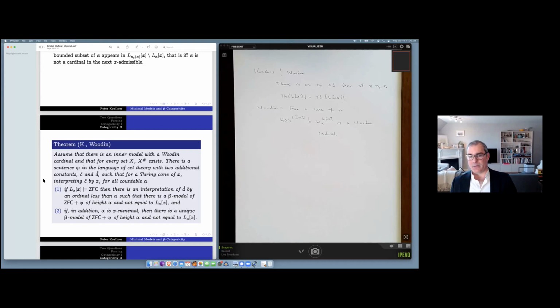So this is best possible because by the Friedman result, if you generalize it to L alpha of x, if you're at one of these bleak points, then you can do a similar Barwise construction and get a perfect set of objects implying that you're not L alpha of x.